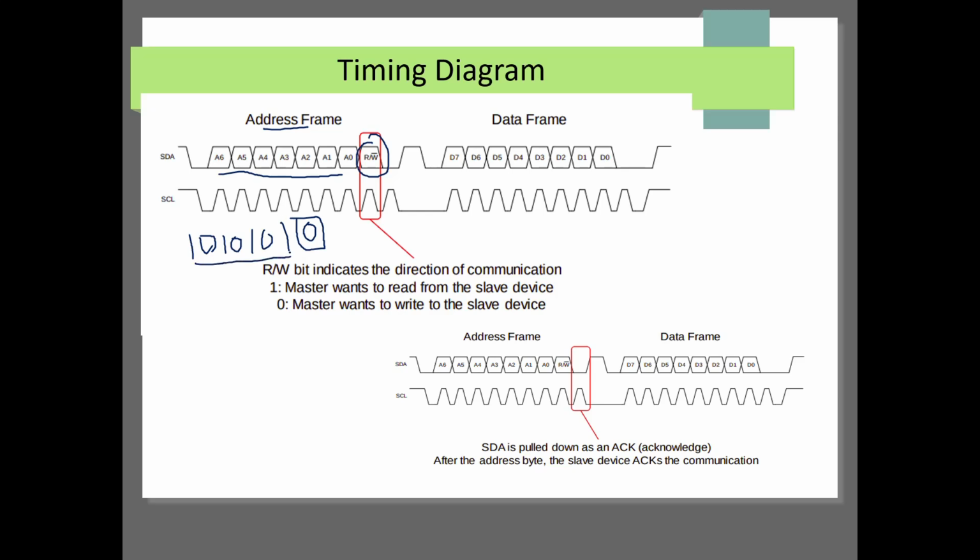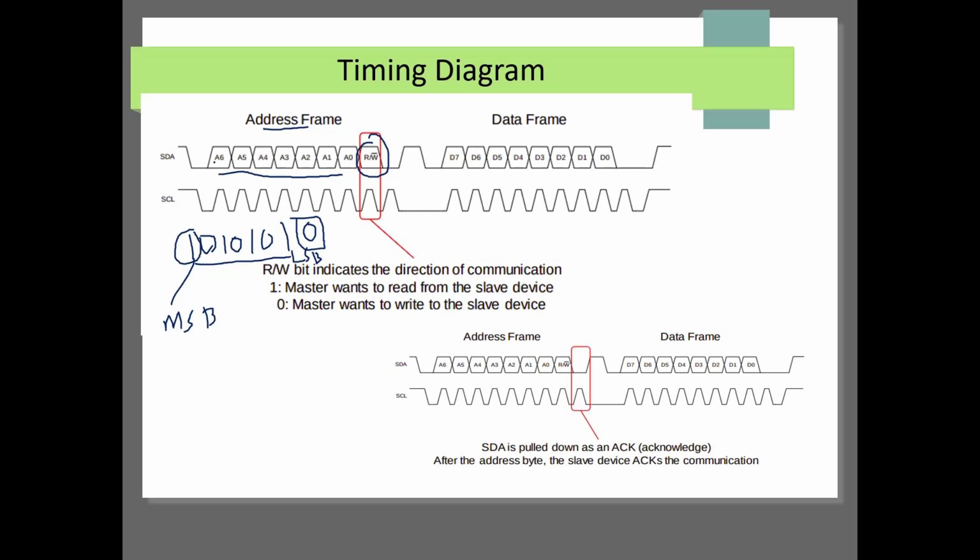Beside it, the 0 is the LSB, least significant bit, and this is the MSB, most significant bit, which is sent first. Based on the most significant bit, the one that is 0 communicates first. The one that has a 1 is the higher address and will communicate later.